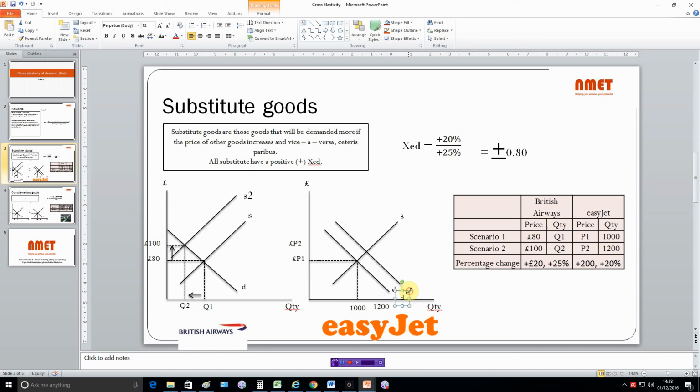The demand curve has moved from D1 to D2. And they're having more demand for their seats at 1,200. It's moved over here, at B2.